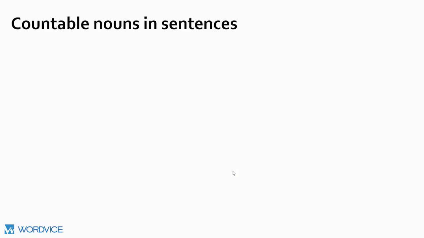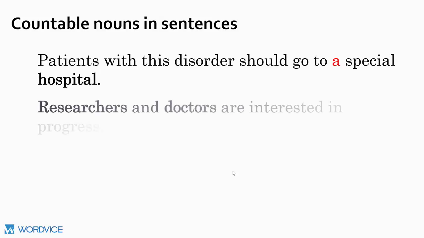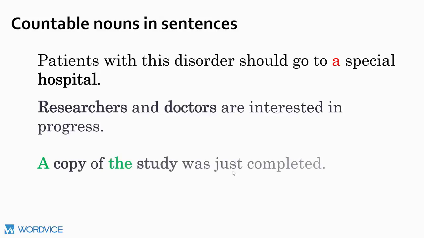Now let's take a look at some countable nouns in sentences you might encounter in research papers. Patients with this disorder should go to a special hospital. Researchers and doctors are interested in progress. Well, we're not referring to any specific researchers and doctors, but researchers and doctors in general. A copy of the study was just completed.